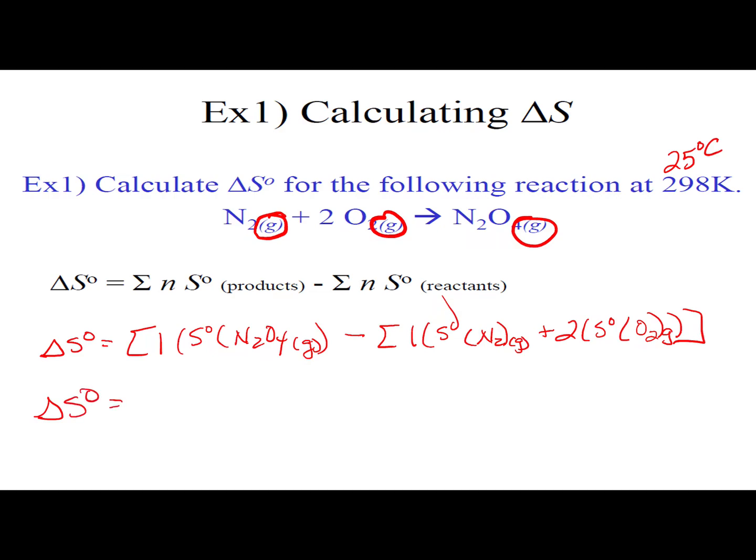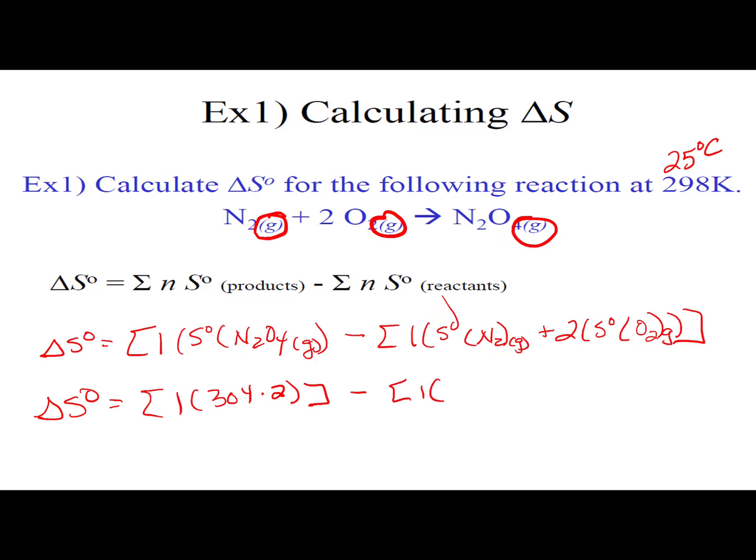For the purpose of our lecture, I'll give you that. So we have 1 times the standard entropy of N2O4 at 25 degrees Celsius, which is 304.2 joules per Kelvin mole.